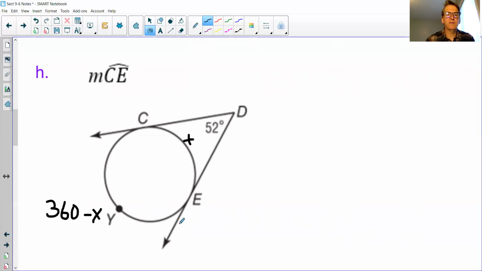So this here is 360 minus X, and we're calling this X. We're trying to find CE, or X.